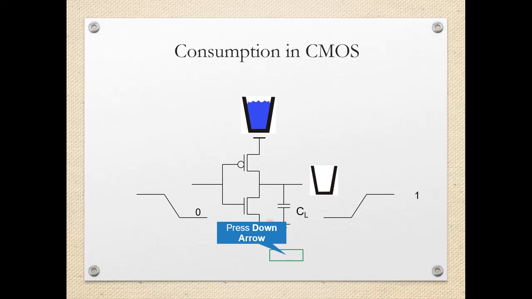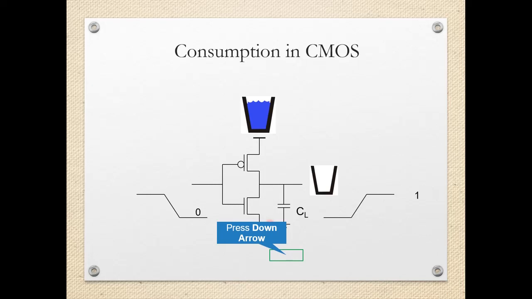This is the drain terminal of the P MOSFET, which is connected to VDD. This particular symbol indicates VDD, that is the energy source from which energy is taken.